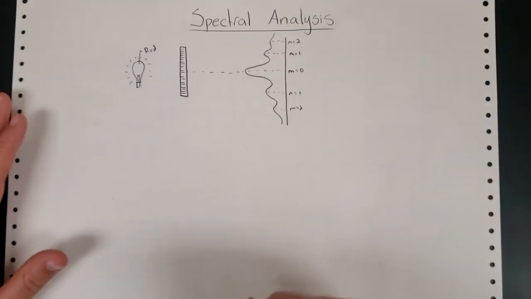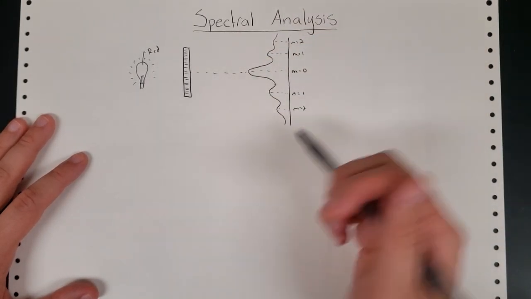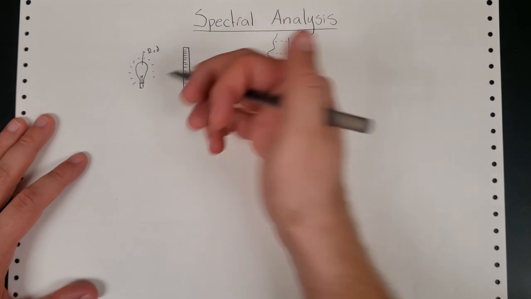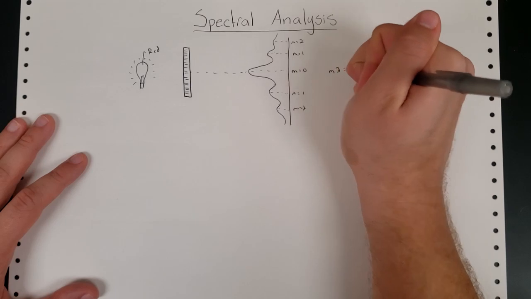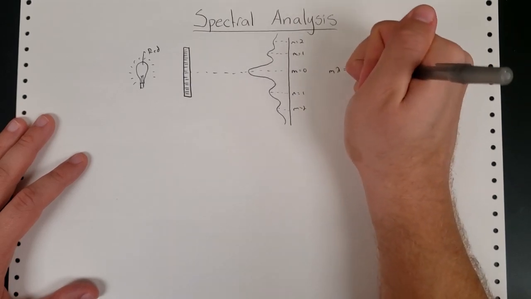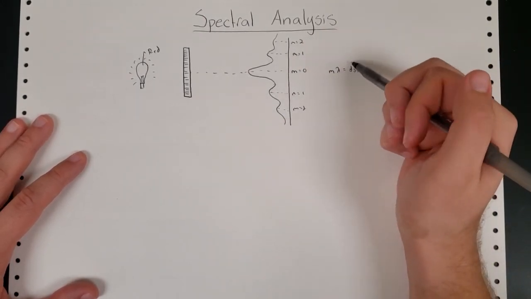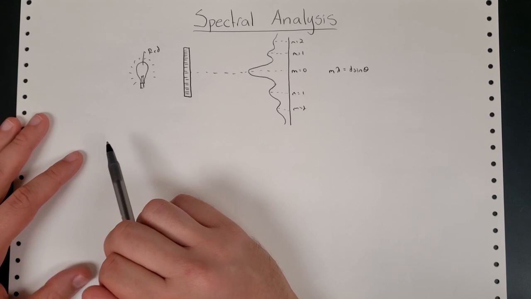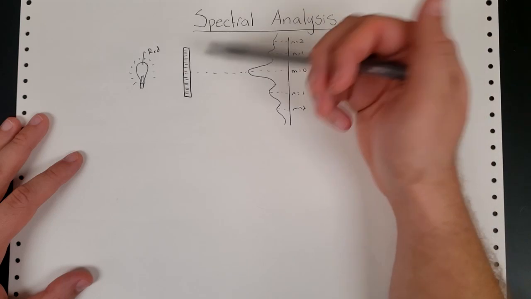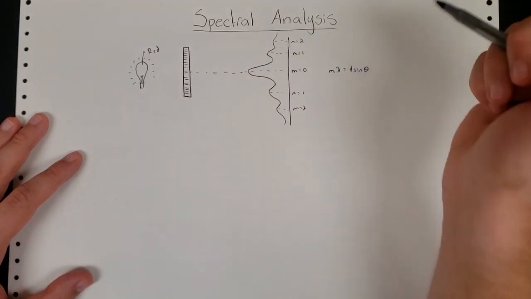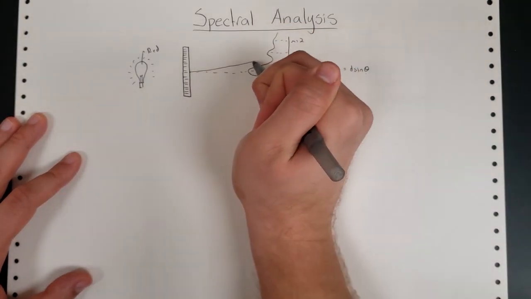So the equation, as you hopefully remember, that relates the geometry of this system to these diffraction orders and to the wavelength of, in this case, red light is the diffraction equation, which looks like this: d sine theta equals m lambda, where m is this diffraction order, lambda is the wavelength of the light that we're talking about, d is the spacing of the grooves on our diffraction grating, and theta is the angle between the central maxima and whatever corresponding maxima we're talking about.